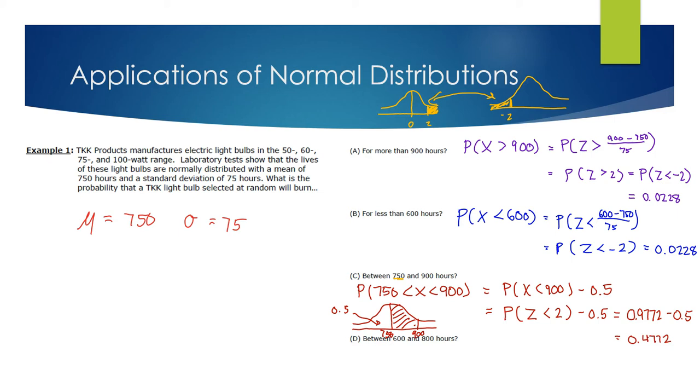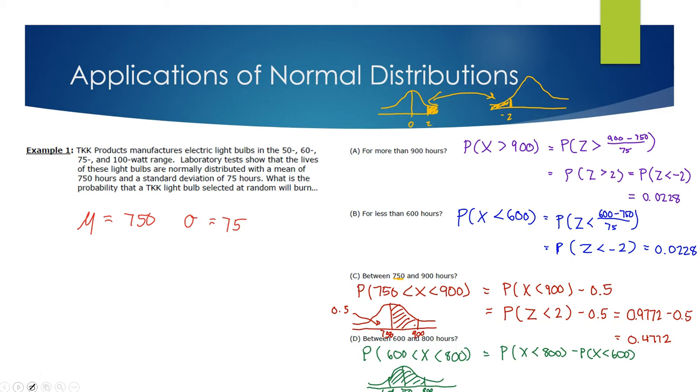Between 600 and 800 hours. Now here's an instance again. Someone's getting off the screen here. But 750 is in between those two. So when I want the probability of that, I'm going to do the probability of being less than 800 minus the probability of less than 600, and that should give me what's left in between these two. So that's my strategy.